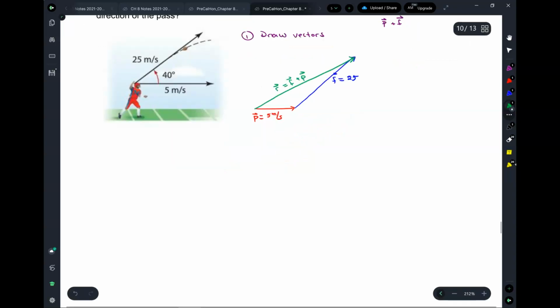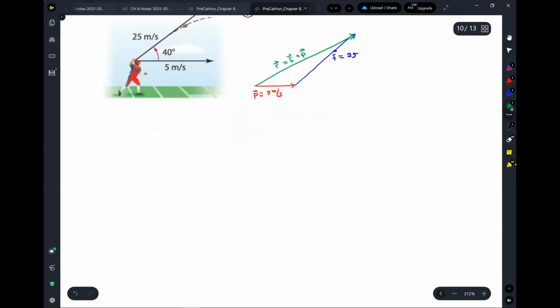All right. So here's what we're going to do. We have our two vectors. We have P. Let's write P in component form. In what direction is P? In the horizontal direction, correct? So it's all horizontal, 0 vertical.